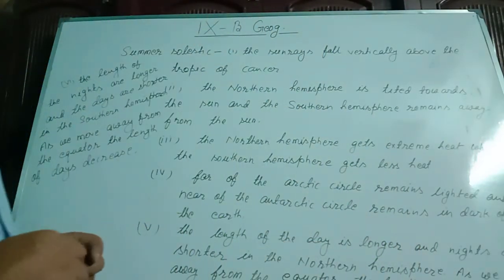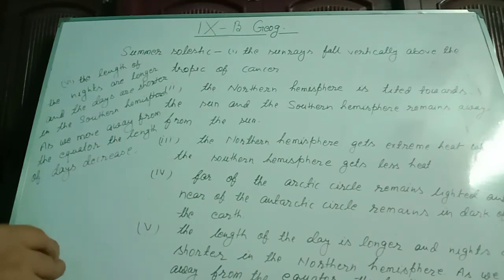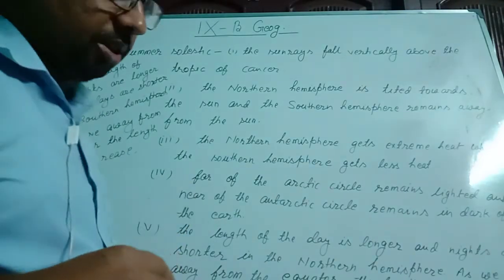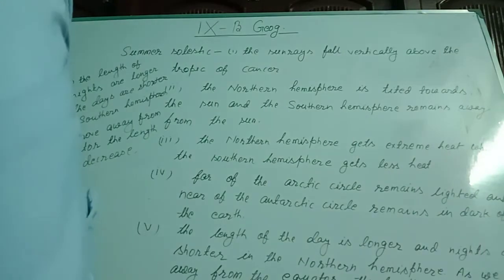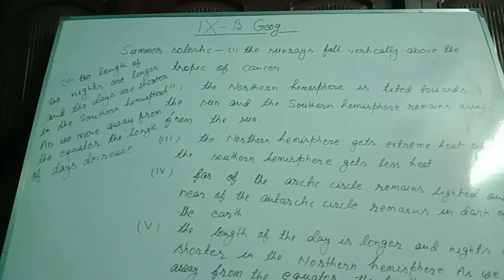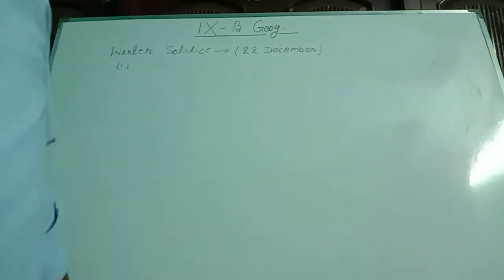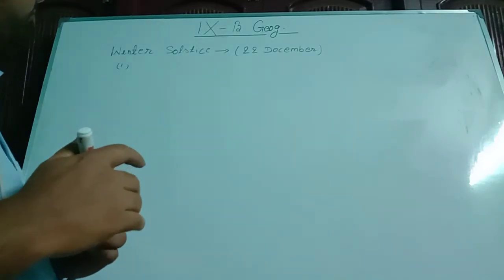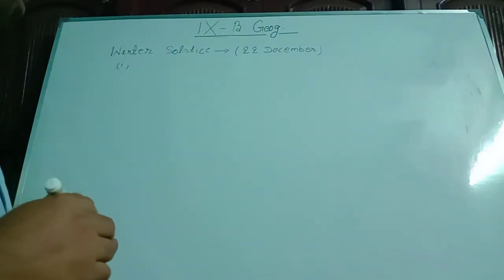One more phenomenon is left, that is the winter solstice. Now we will see the features of winter solstice. These occur on 22nd December.